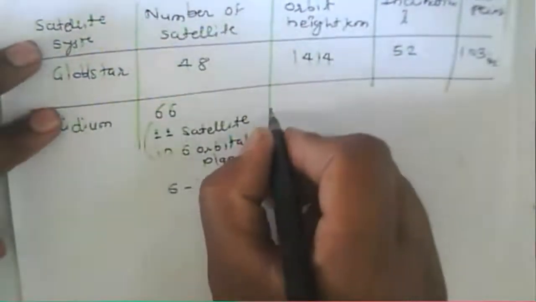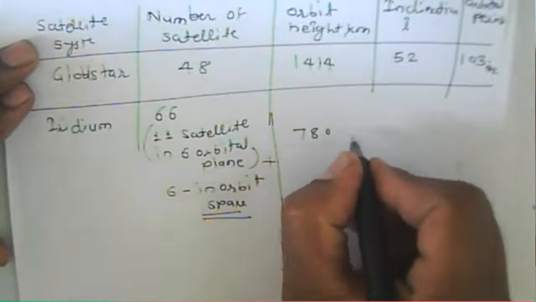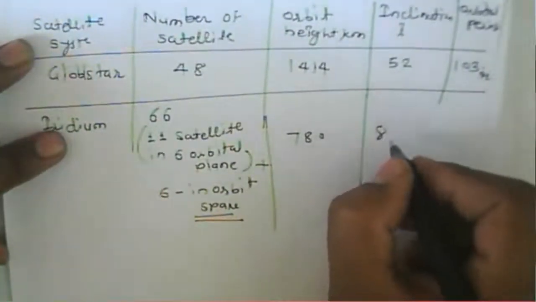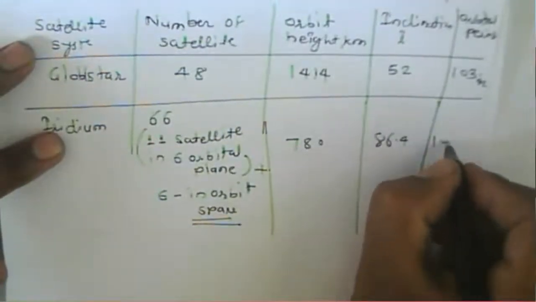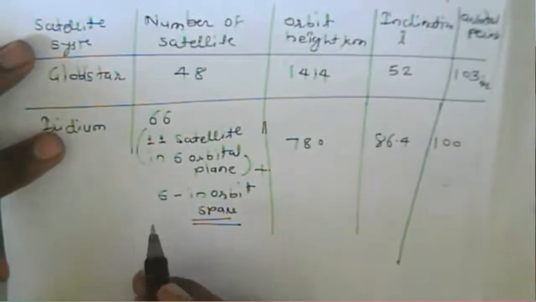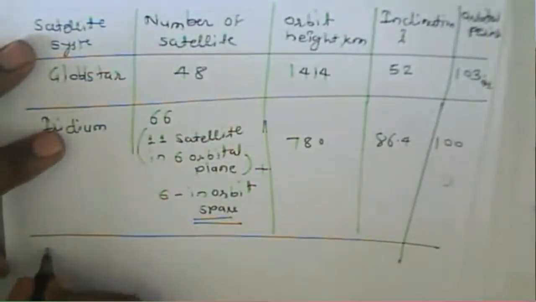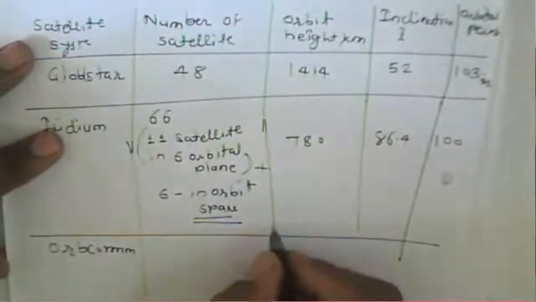Suppose any satellite doesn't work or has a problem, then another satellite will take over. These are the spare satellites. And the orbit height is about 780 kilometers, the inclination is about 86.4, and the orbital period is about 100 minutes.